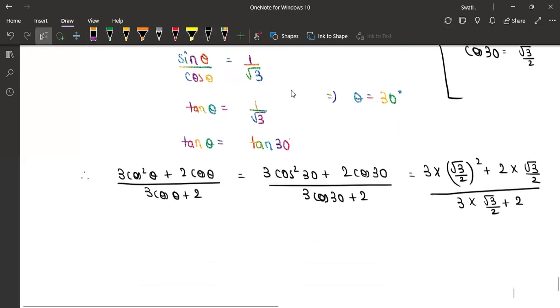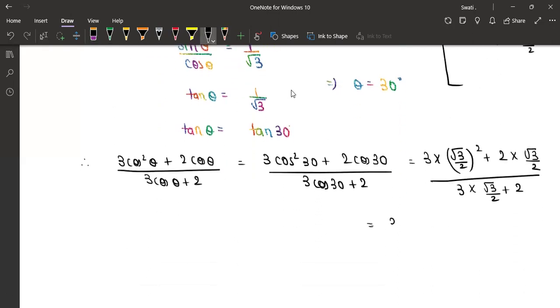Now if you simplify this, let's see what we are getting. So 3 times root 3 square is 3 only, because root 3 into root 3 is 3, and then upon 2 square is 4. Plus, this 2 and 2 will get cancelled, so we're getting just root 3. Here, the denominator will become 3 root 3 upon 2 plus 2, right? Clearly, the numerator will become 3 times 3 is 9 by 4 plus root 3.